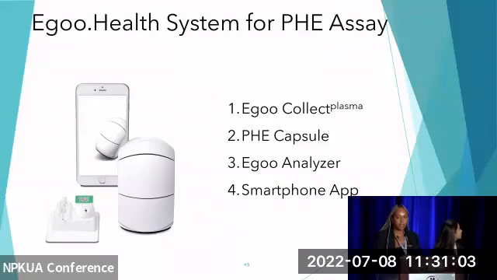We've actually applied for a patent for this device. Then we have the Phe capsule that contains the chemistry for the Phe test, so this is specific for the Phe test. Then you would need the Egoo analyzer, which is the device that can run the test. And then finally, you would need a smartphone app where your Phe value will be displayed.